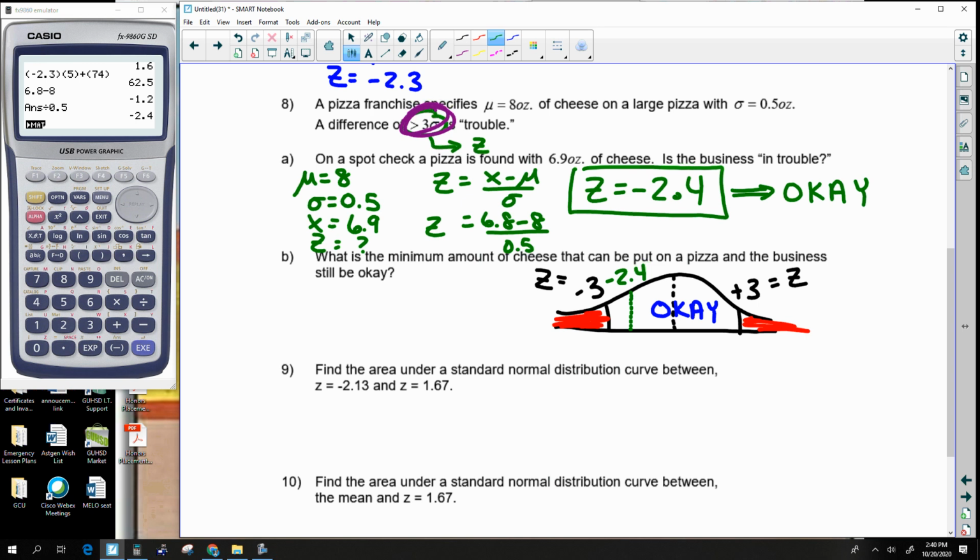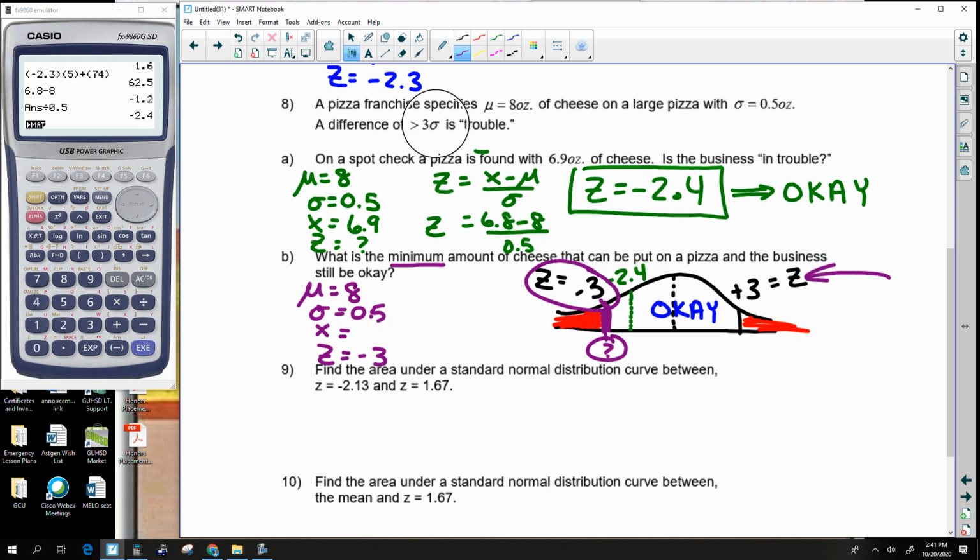Okay, and the next question, they want to know what is the minimum amount of cheese. The average is still 8, and the standard deviation is 0.5. The minimum amount, the smallest amount, would exist right here, which has a z of negative 3. If they wanted the maximum amount of cheese, that would imply the z would be a positive 3. So the minimum amount of cheese is at the lowest acceptable level, which is 3 standard deviations below the average, or whatever the number in the problem specifies.